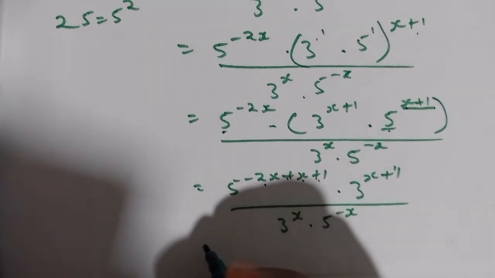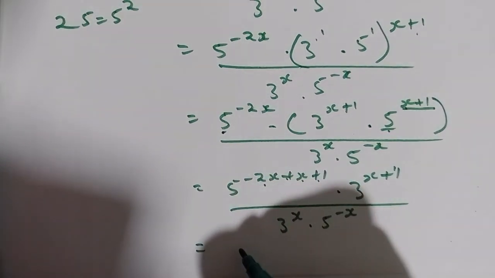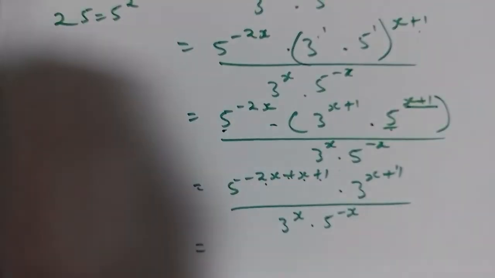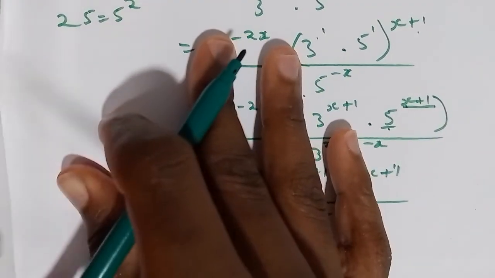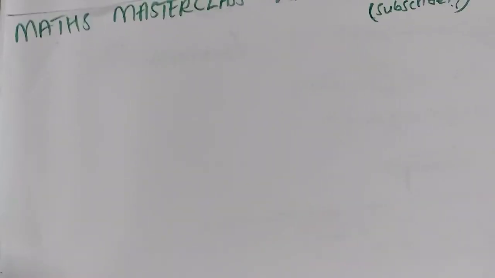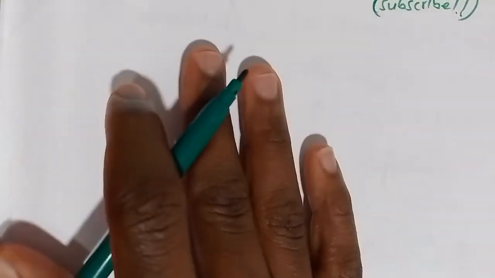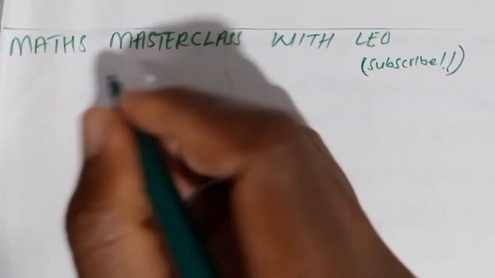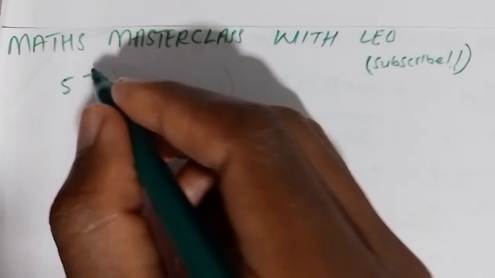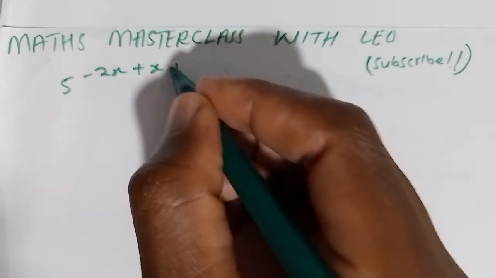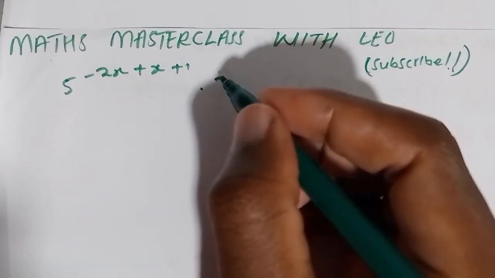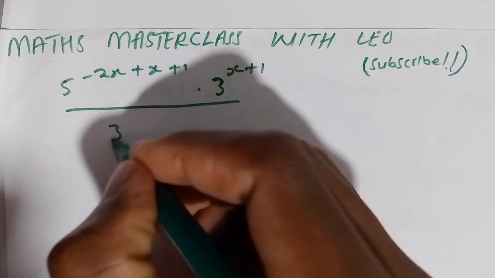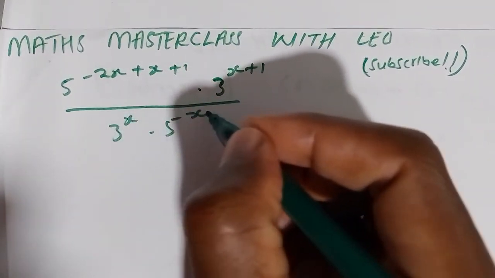And then I'm just gonna continue and say, let me just write it this side. I believe it's something like 5 to the power minus 2x plus x plus 1 multiplied by 3 to the power x plus 1, all over 3 to the power x multiplied by 5 to the power minus x.